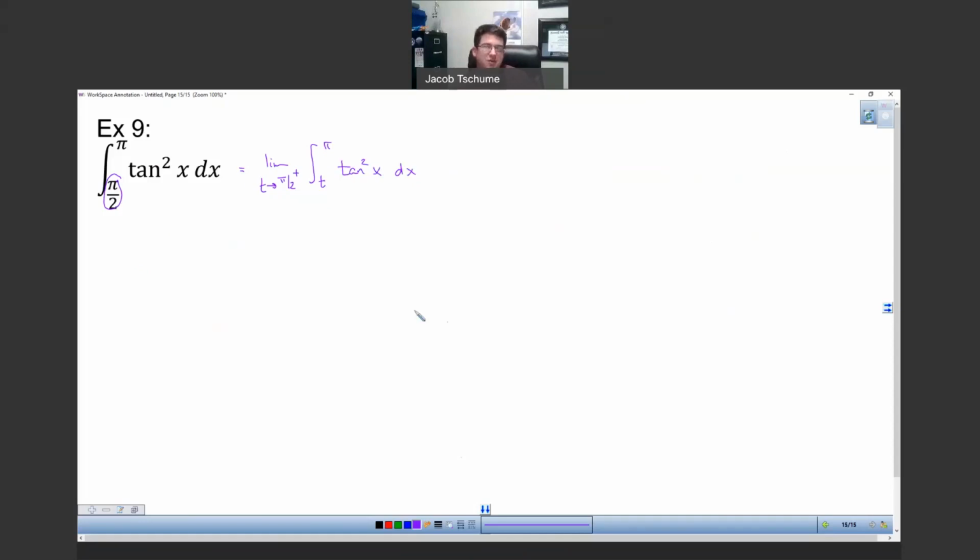Now, you can't integrate tangent squared directly, so you'll have to use an identity to help you out here. So what I remember back from my Pythagorean identities, let's get all this limit stuff down, is that tangent squared is actually equal to secant squared x minus 1. We did that a lot back in section 7.2 when we were doing trig integrals.